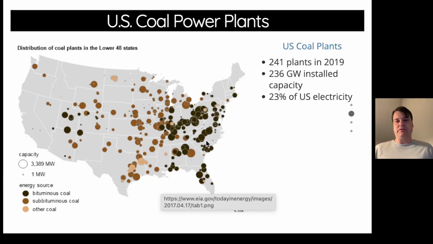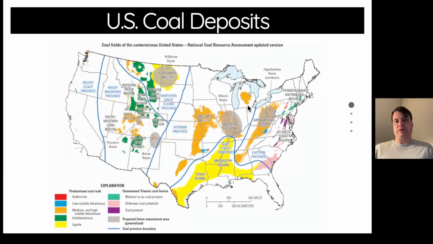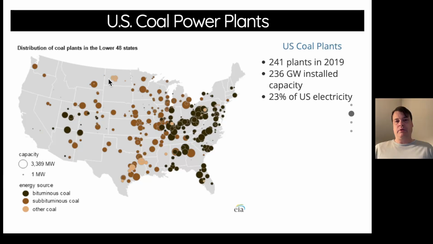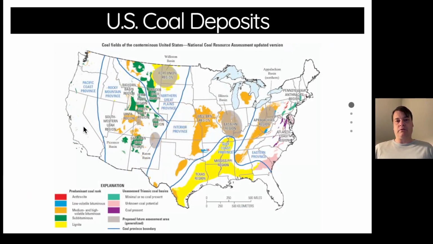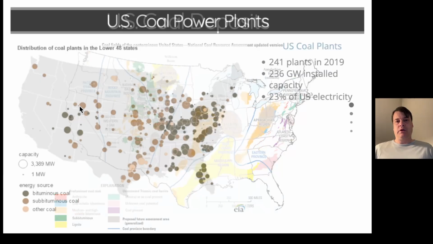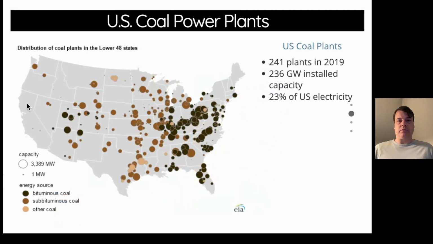And then in the East, it's all over the place, and you can see the coal kind of follows where the mines are. Right through the middle, not quite as much, although there's also not a lot of population there. And hardly any coal plants in California, both because there isn't a lot of coal in California, and also because California has regulations that don't promote coal plants.